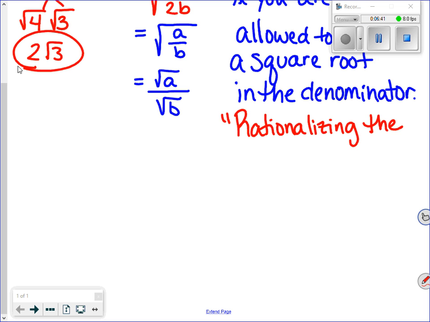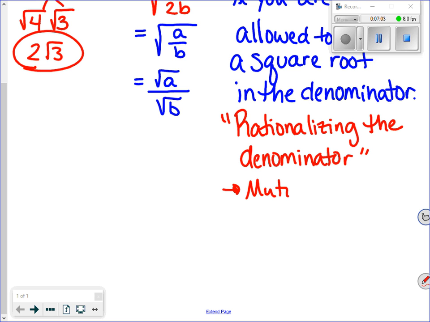Multiply it by what? Exactly. So you should have been taught in Algebra 1 that you weren't allowed to leave a square root in the denominator, and it's called rationalizing the denominator. And all that means is you're going to multiply the top and the bottom by the denominator.